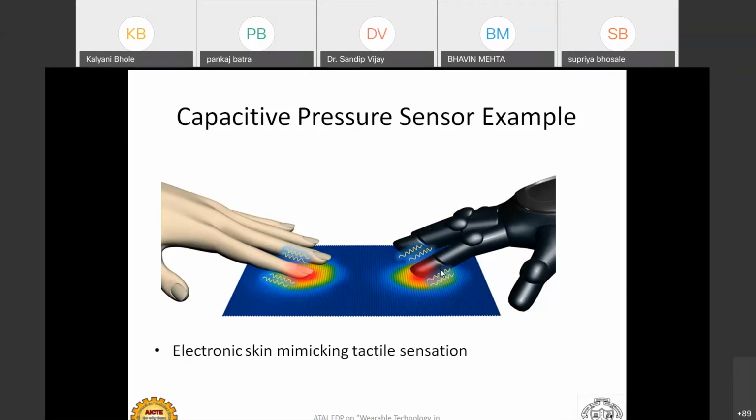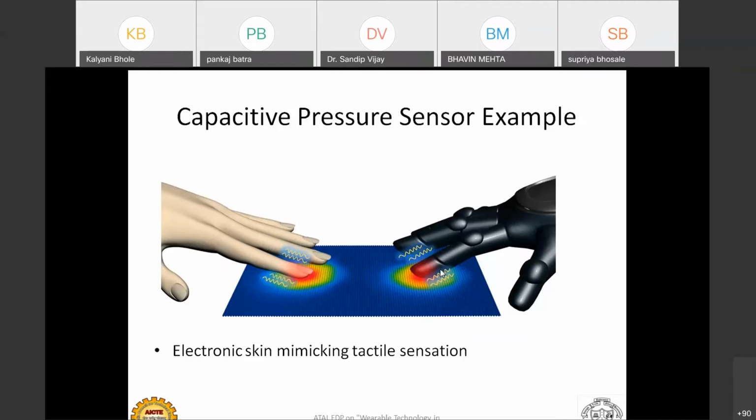The human being will grab the object, which is surrounded by this electronic skin, and the same object will be there in the robotic hand, and the force applied by the human being should match the force applied by the robotic hand, so that the robot understands what the force should be.